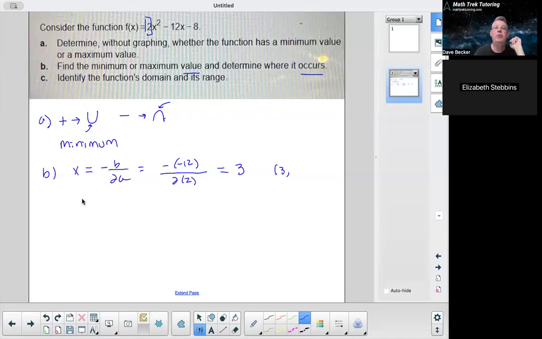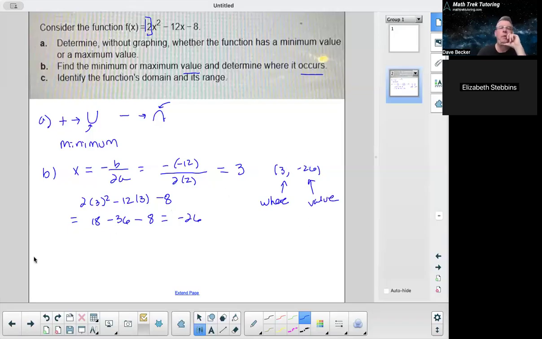So it'd be 2 times 3 squared minus 12 times 3 minus 8, which is 18 minus 36 minus 8, which I think is negative 26. So that's where the ordered pair would be, and that's the value. Perfect. But hopefully he would just take the ordered pair.